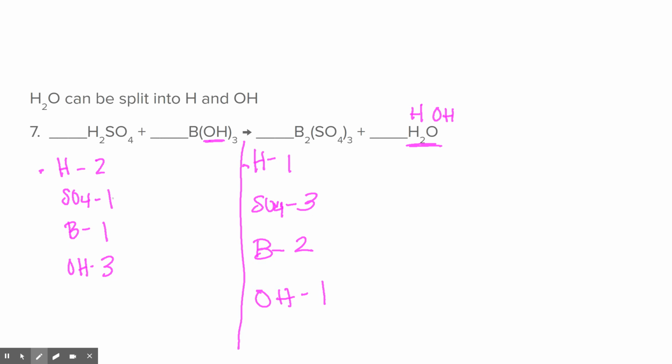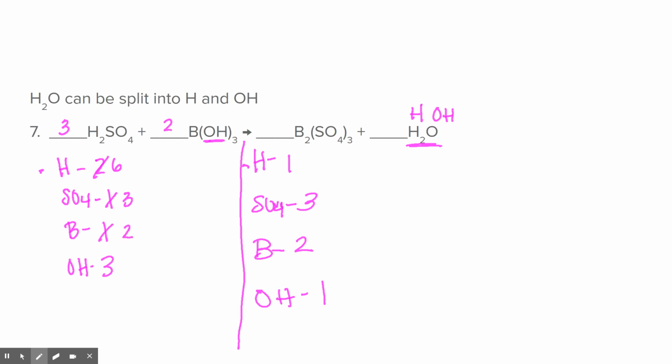We have 3 over here. We only have 1 here. So I'm going to go ahead and put a 3 here. That makes my hydrogen 6 and my sulfates 3. Next thing I notice is that boron does not match. Boron is 2 over here and only 1 over here. So I'm going to put a 2 as a coefficient.